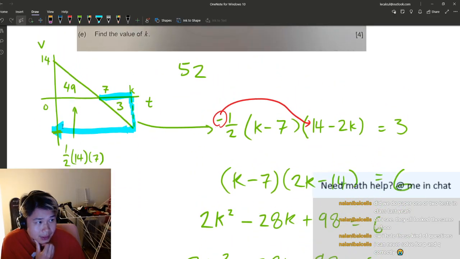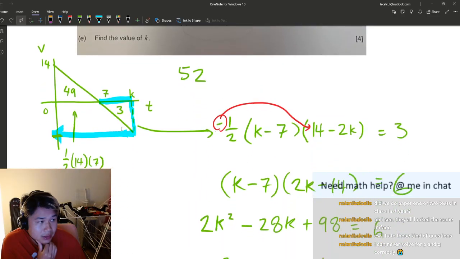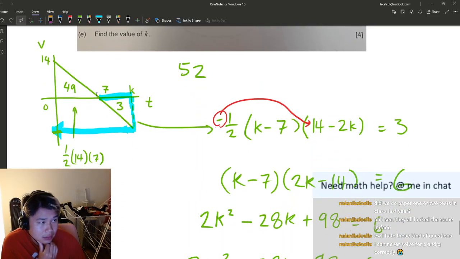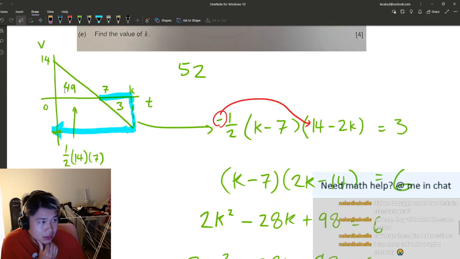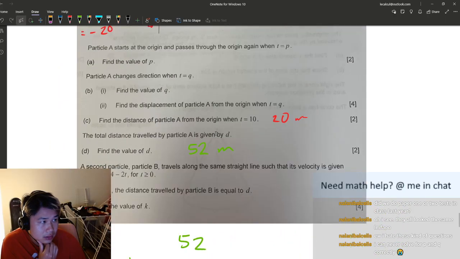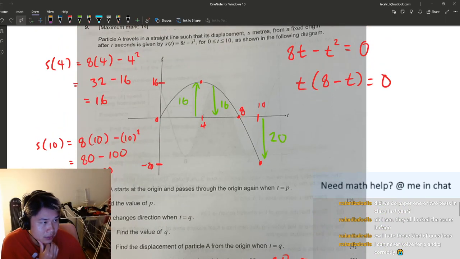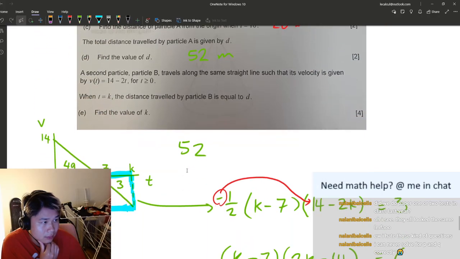Okay, let me double check my work here. Here's V, right? 14 minus 2t. So, yeah. 7 times 7 is 49, so that's fine. Assuming that I did this right, which I should, up 16, down 16, and then down 20. 32, right? Plus 20 is 52.